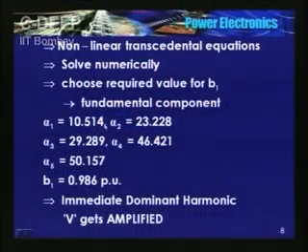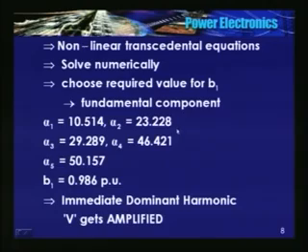The second disadvantage is, see the angles that you are getting, alpha 10.514 degrees, 23.228 degrees. I will request you to do this exercise. You approximate these angles, say 10.5, 23.2, 29.3, 46.4 and 50.2.